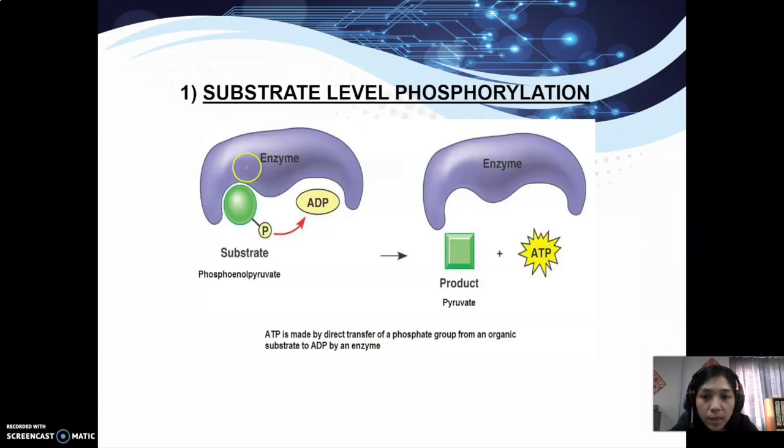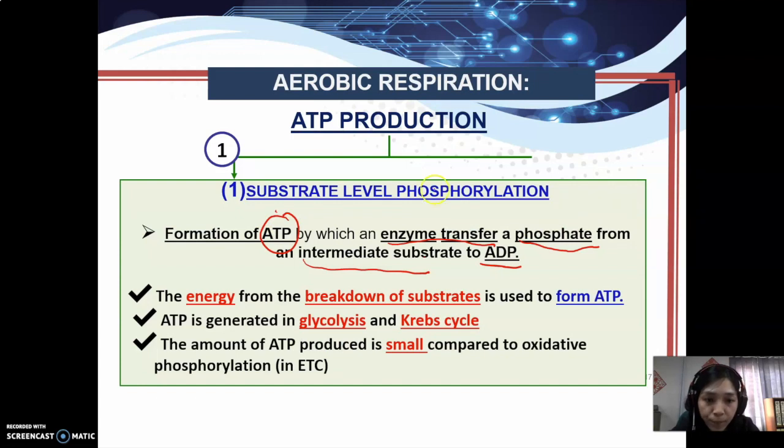For example, the enzyme transfers the phosphate from a substrate to ADP. When the ADP receives the phosphate, it becomes ATP, and the substrate turns into the product. This is known as substrate level phosphorylation.